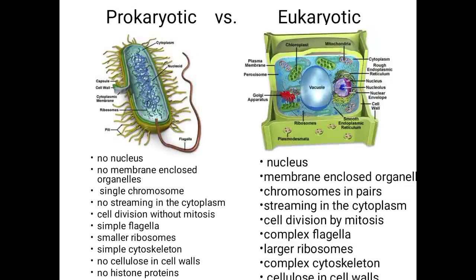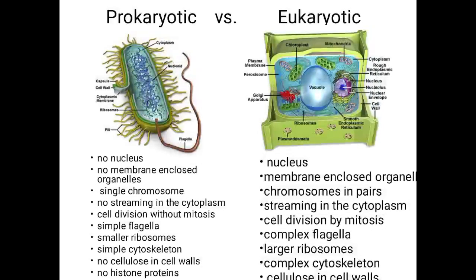The entire cell carries out all the metabolic activities of the prokaryotic organisms. But in eukaryotic cells, there are suborganelles, so it is like a cell within the cell. Each organelle will perform different functions.